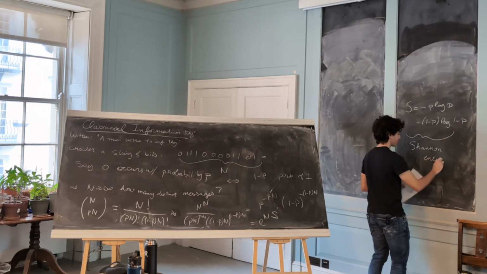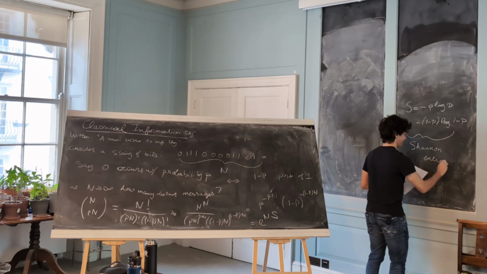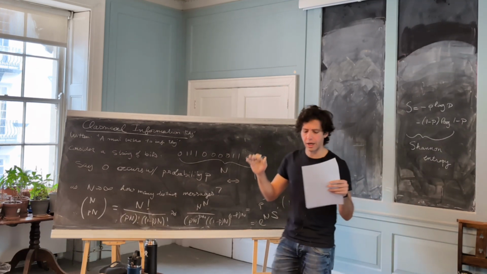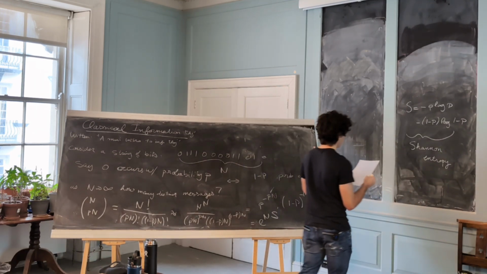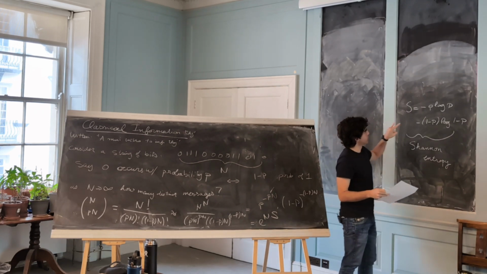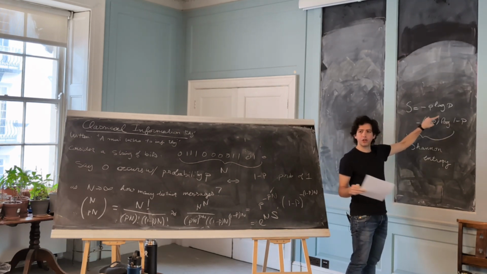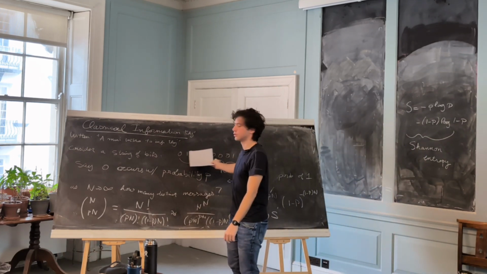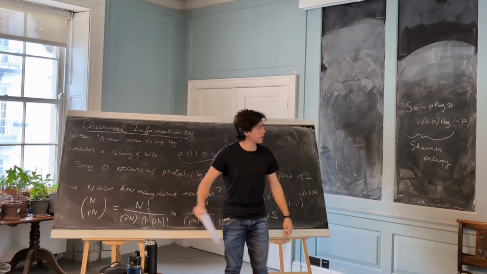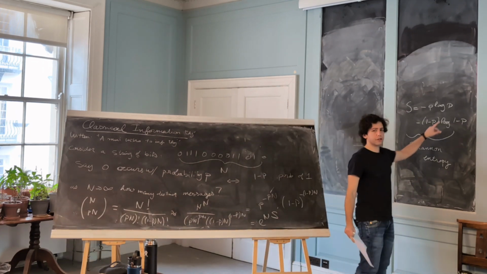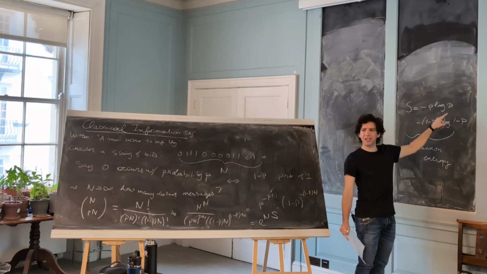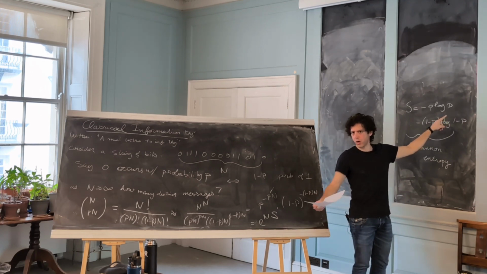I dare you to say Shannon entropy next time. So this counts the number of messages. This tells you how much information your alphabet has. Here it has zeros and ones, and your zeros occur with probability p. So this tells you how many things you can say in this alphabet. That's what the Shannon entropy tells you.